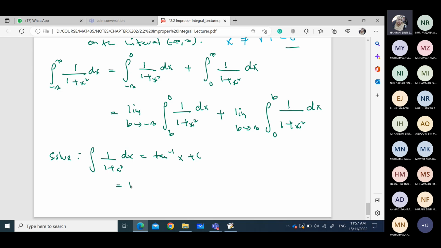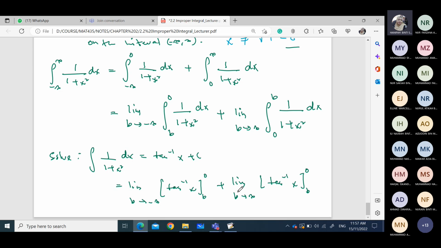So therefore, limit as b approaches negative infinity, for this one it is tangent inverse of x with the limit b to 0, and then plus the limit as b approaches infinity for tangent inverse of x with the limit 0 to b.